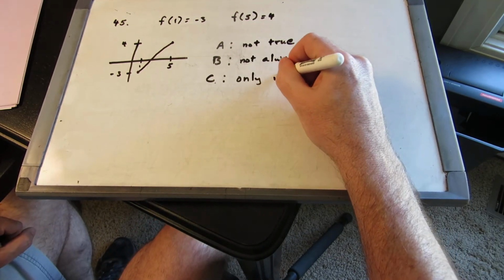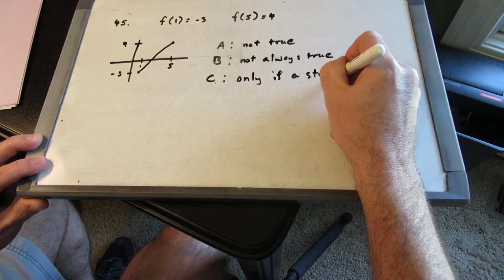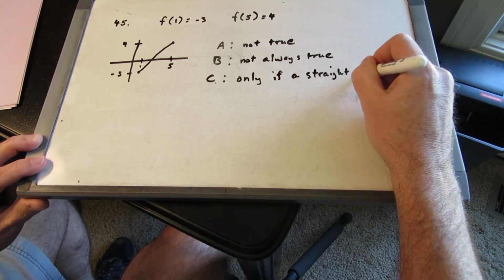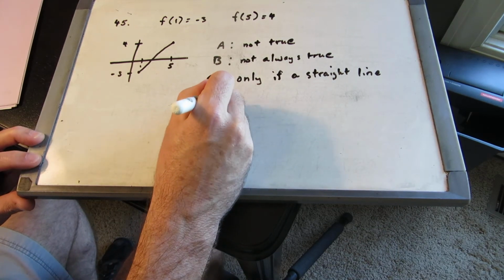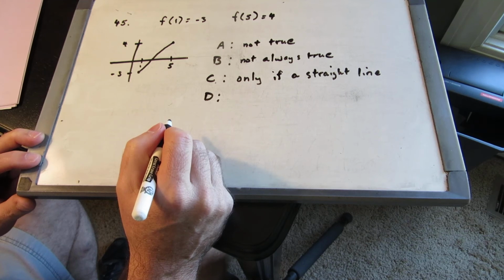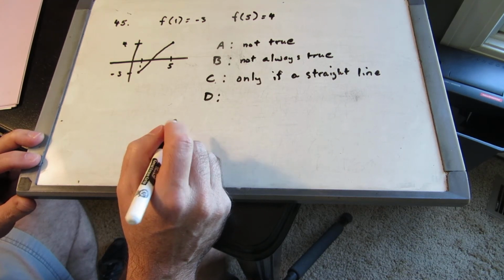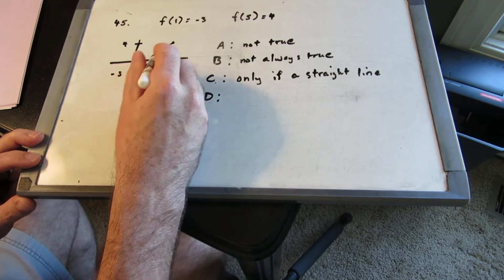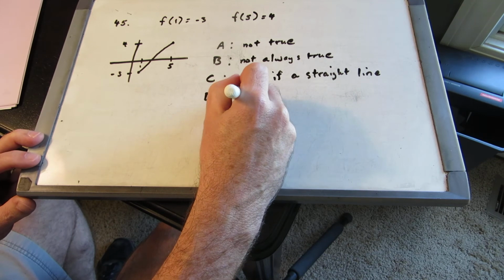So only if it's a straight line, which it doesn't tell us that's what it is. Right, part D says f prime of k is equal to 0 for some k between 1 and 5. Well, that's not necessarily true. If it is a straight line, certainly the slope is not equal to 0, so that's a big no.